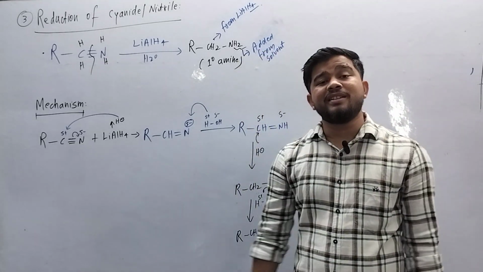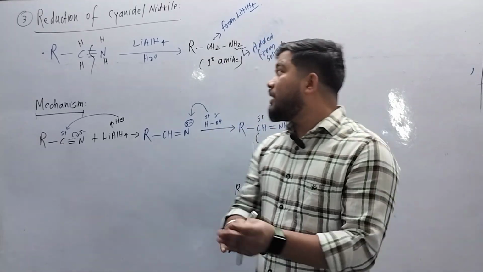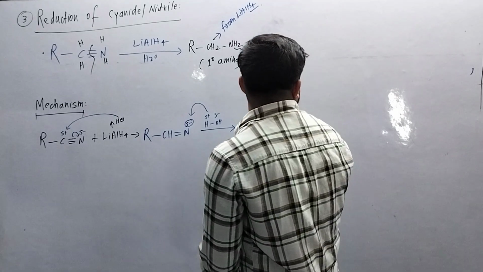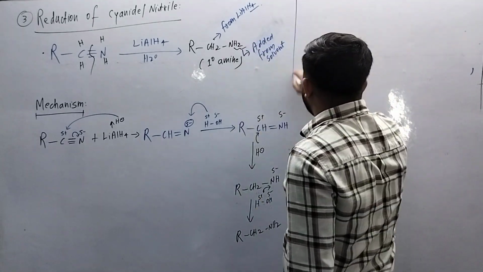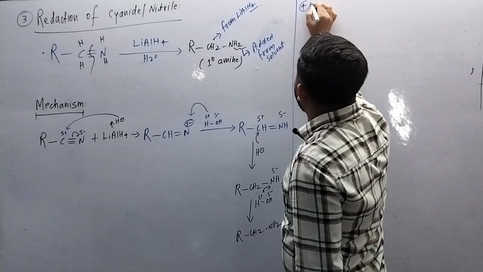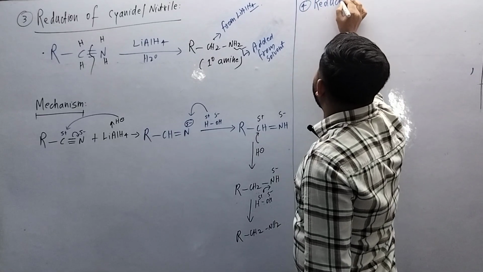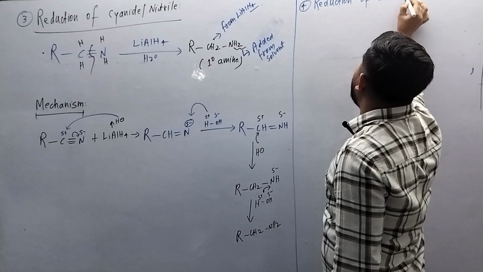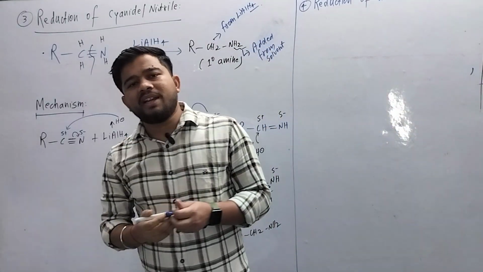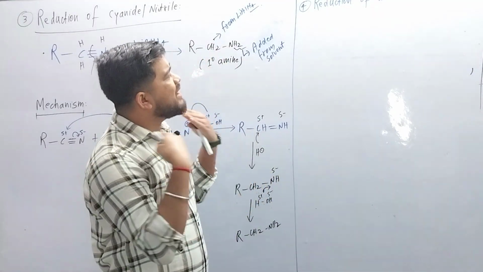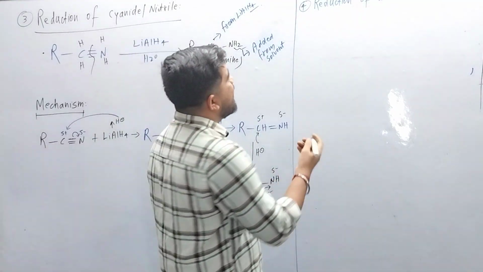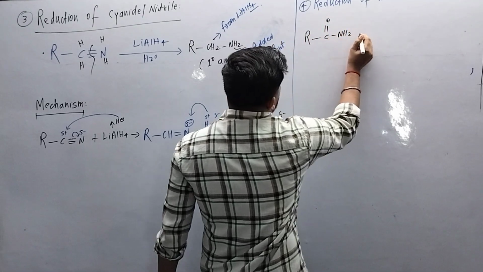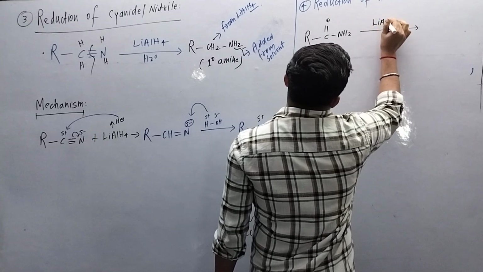Our next reaction is the reduction of amide. Our fourth reaction is the reduction of amide. Amide, RC double bond O NH2, is reacted with lithium aluminum hydride.